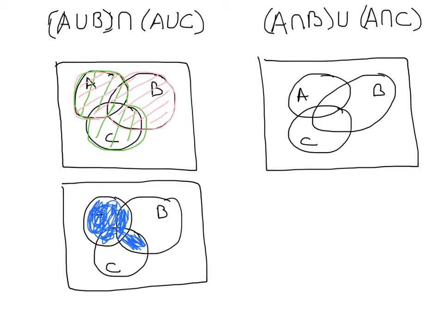Now, on the right-hand side, if I take A intersect B, let's find a color. A intersect B is here. A intersect C is here.